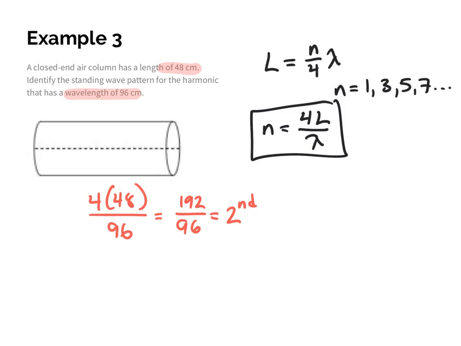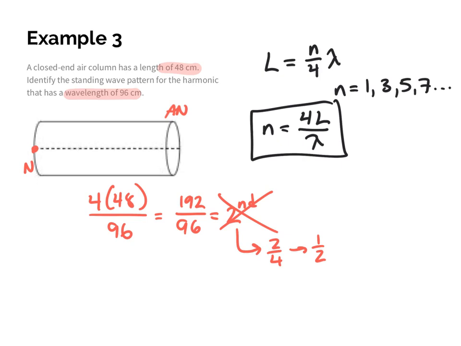Now the 2nd harmonic, when we have a node at one end and an antinode at the other, we talked about that this would only occur at an odd number. So is it possible to have a 2nd harmonic? So understand that this is not possible. Now to draw it for you why it wouldn't be possible: if it is the 2nd harmonic, 2nd harmonic means that we need 2/4, same thing as saying half a wave.